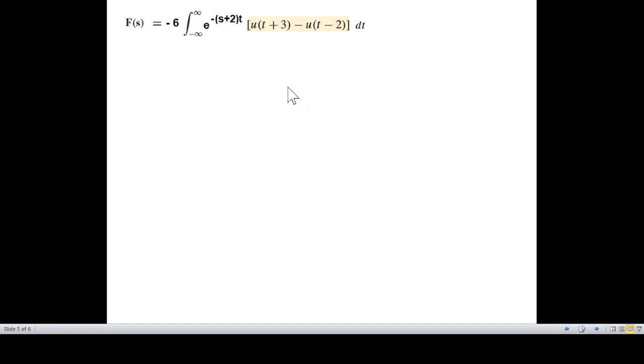So we were here, and now we can separate these two parts: -6 outside, then bracket, integral of the first part, and similarly integral of the second part.